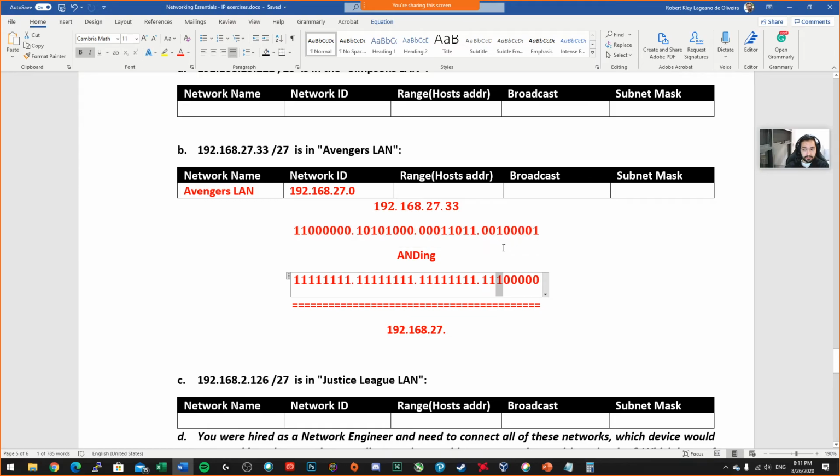Okay, my mistake. I didn't notice that. So the only one that is 1 here is the third bit. So it's 128 plus 32. What's the network address?